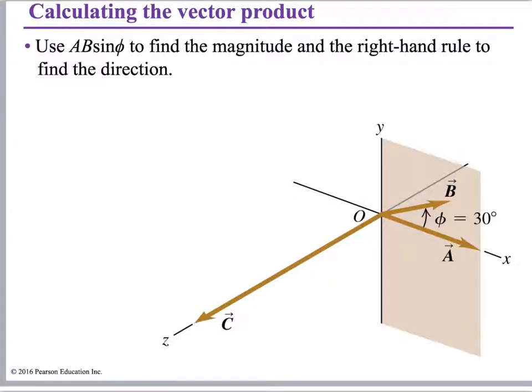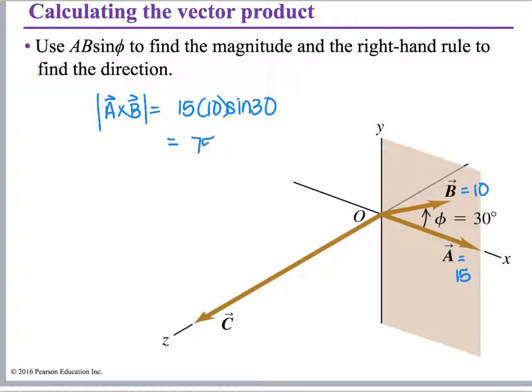If we had a value for A, we'll call this one 15, and this one 10, the magnitude of A cross B I could find would be 15 times 10 times the sine of 30. The sine of 30 is a half, so this is going to be 75. And then we see the direction of this is in the z direction.